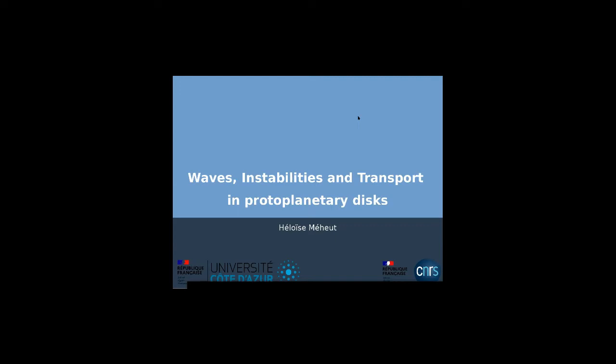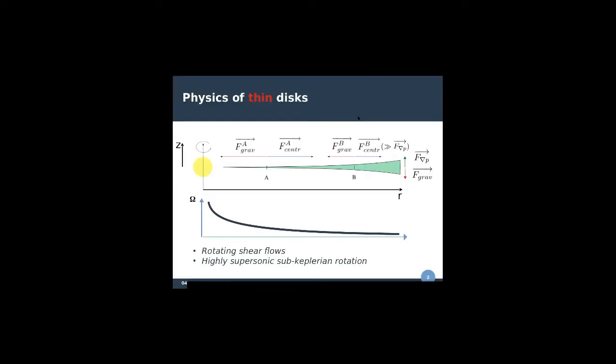These disks indeed are formed as a byproduct of star formation. They are formed just after the formation of the star, and they are quite thin, as we can see here. So these disks are in equilibrium between gravity force and centrifugal force.